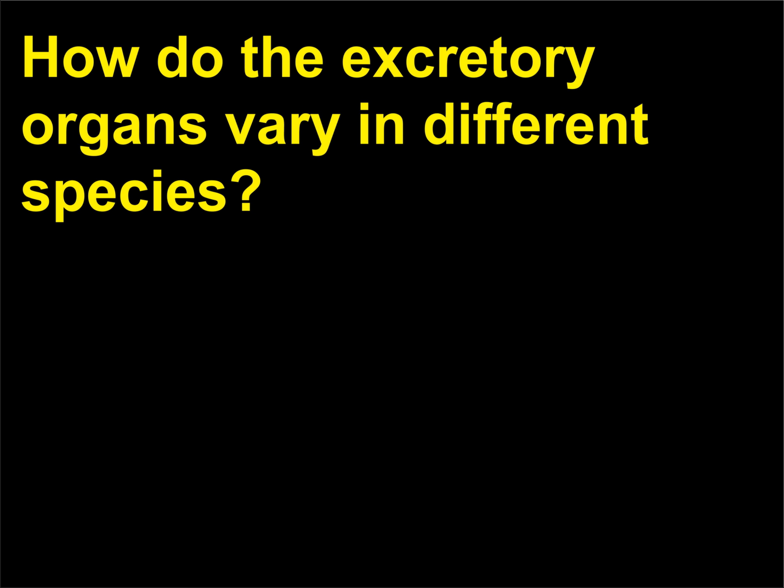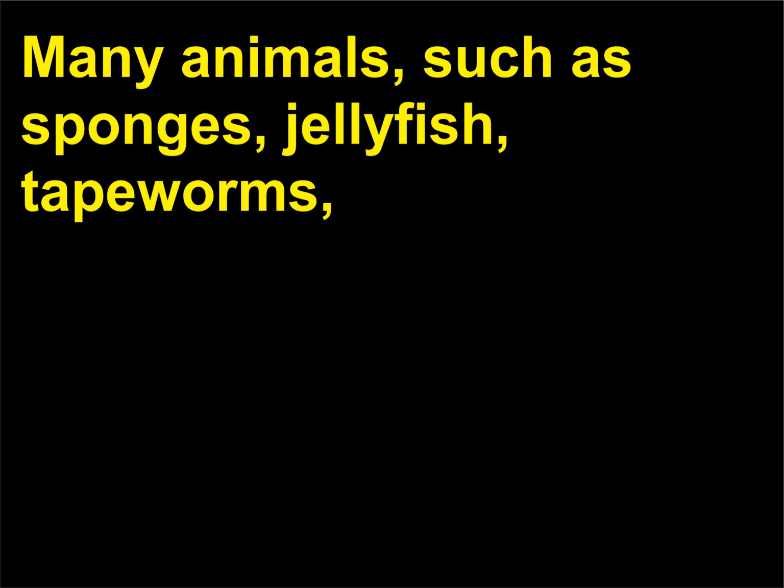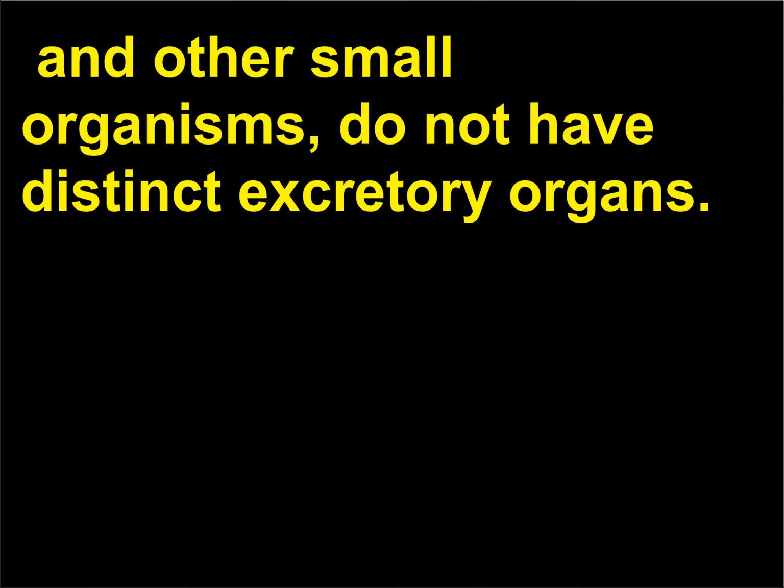How do the excretory organs vary in different species? Many animals, such as sponges, jellyfish, tapeworms, and other small organisms, do not have distinct excretory organs.